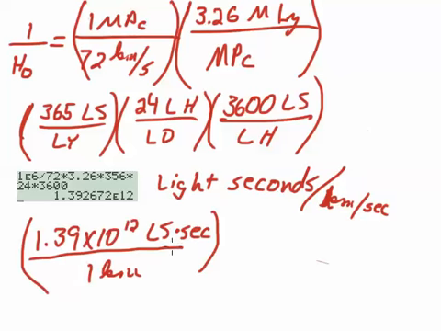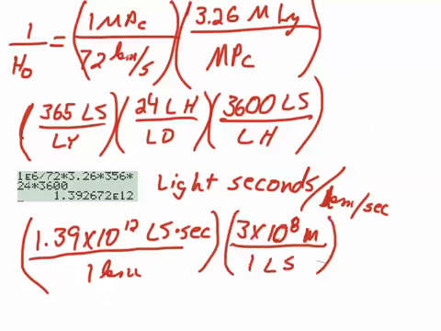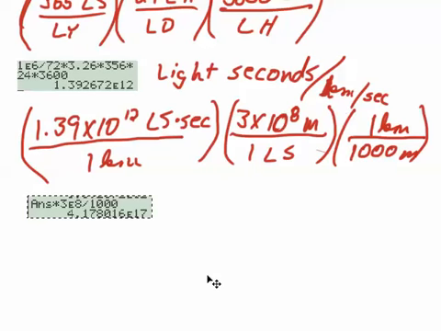So I'm going to take that figure and multiply by the speed of light, 3 times 10 to the 8th meters in 1 light second, and 1,000 meters in 1 kilometer, and I come up with a somewhat disappointing result of 4.178 times 10 to the 17th.